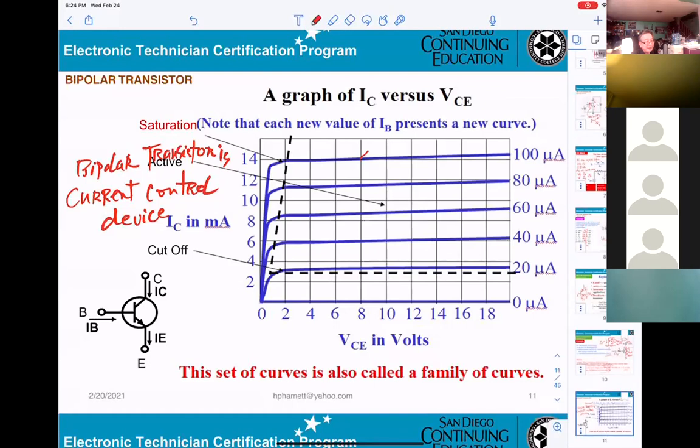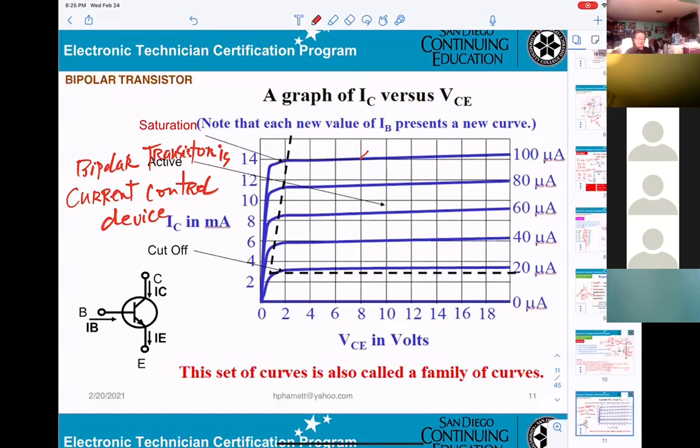You change the current and the output will change. If you want the output IC, you have to know IB. If you change IB, then you change IC. It is really controlled by the current IB. That's why they call it a current controller, or a switch. Who cares?